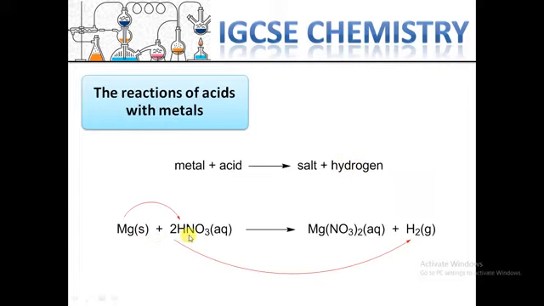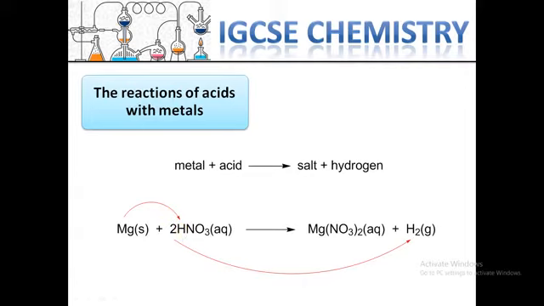For example, here we have nitric acid, 2HNO3, which is in water because there is aq here. So if it reacts with a metal, as we can see, the metal can replace the hydrogen.